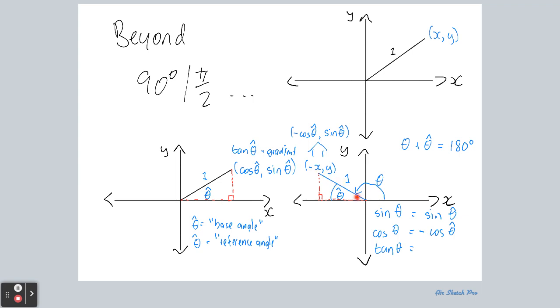Is that a positive or negative gradient? It's a negative gradient, right? It's going down. So tan theta is equal to negative tan theta hat. So we're looking at the base angle, the reference angle, as where we get the value of tan, and then we apply a negative to it because it's a negative gradient.